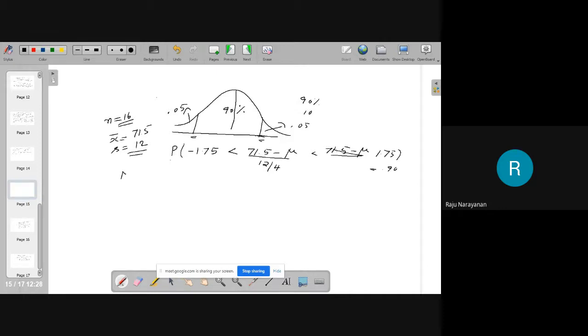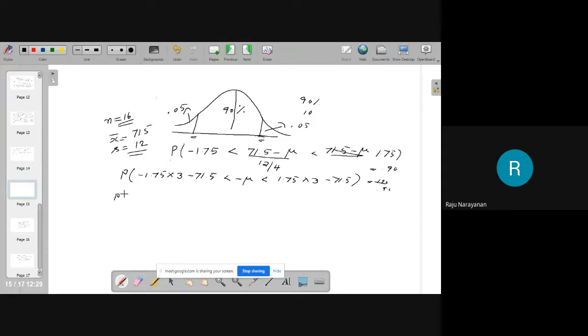Therefore, probability that minus 1.75 into 3 minus 71.5 less than minus mu less than 1.75 into 3 minus 71.5 is 0.9. As before, you multiply by minus 1.